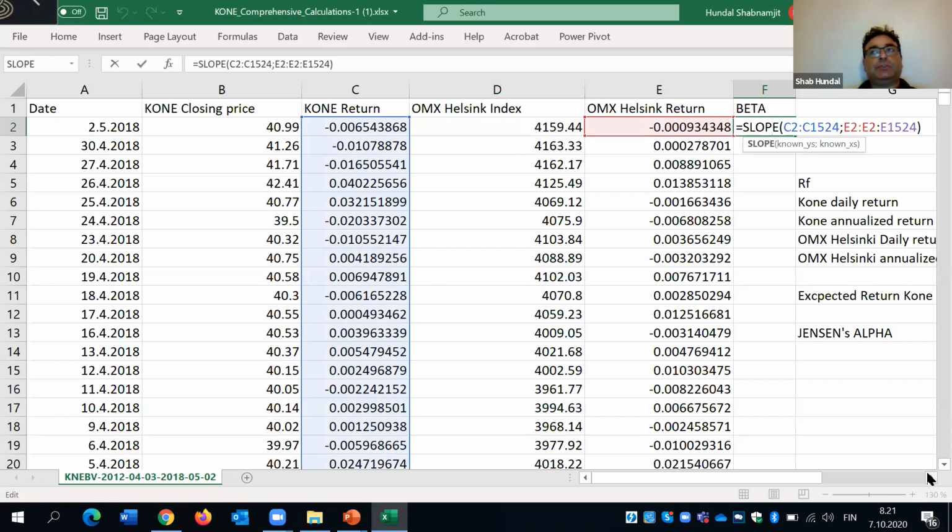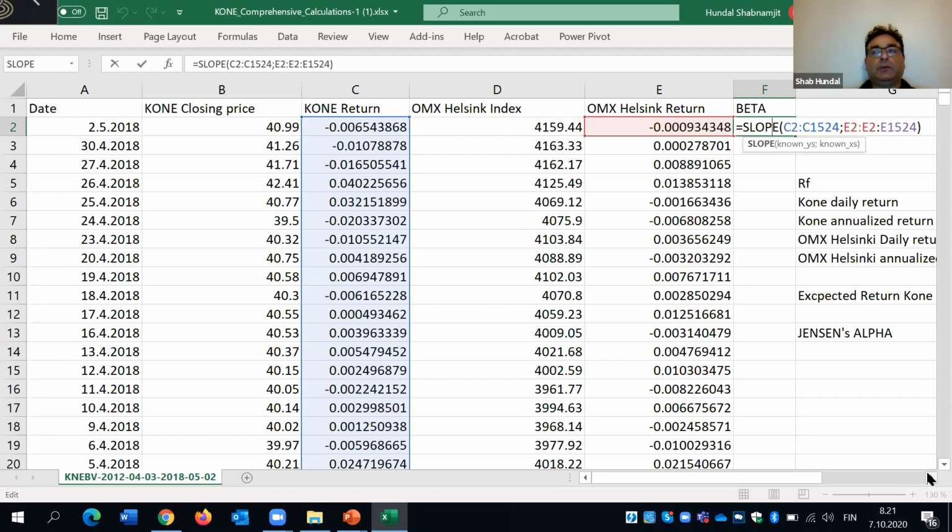The first input of the capital asset pricing model is the risk-free rate. The risk-free rate will be the same for both companies. The second component is beta, which I will discuss a bit later. Then the third component is RM, the expected return on the market.